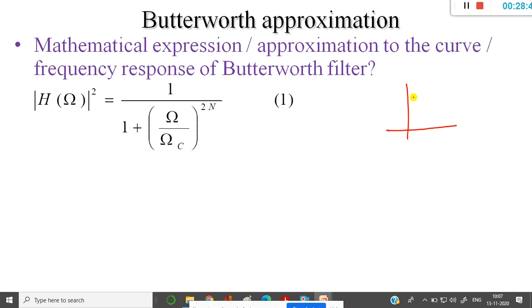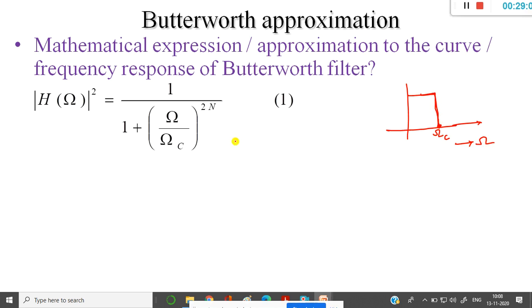Now look at this. I need the ideal equation, that is omega c here. So this is omega. As omega increases, I should get a sharp edge when omega reaches omega c.